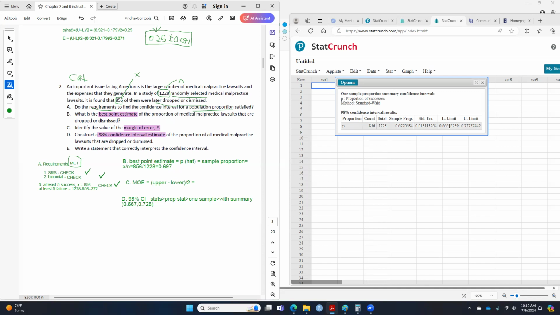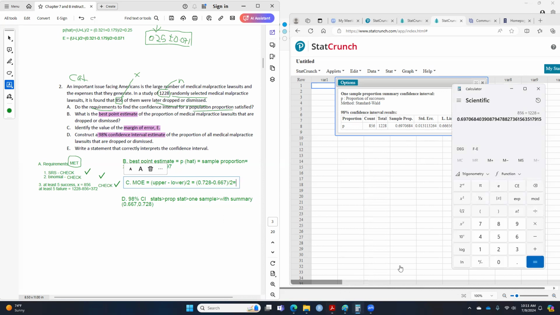Once you find your lower and upper limits from the confidence interval, we can backtrack to the margin of error, E. To find this margin of error, you take the upper, in this case 0.728, minus the lower, which is 0.667, and you divide this by 2.